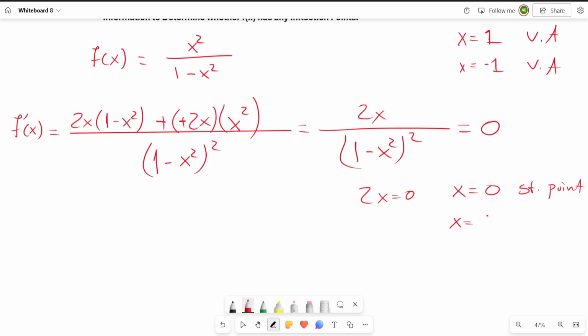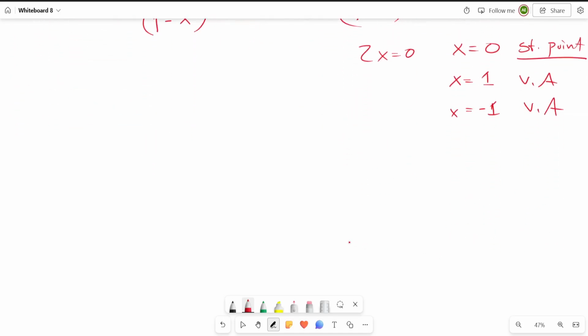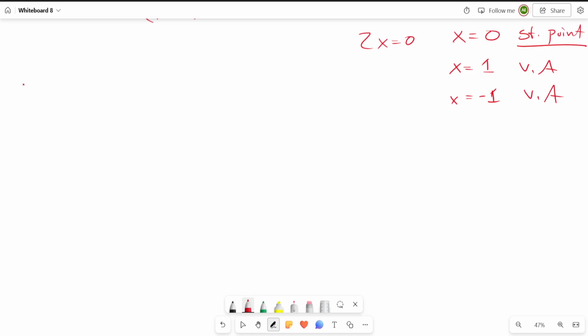So let's take intervals where we are considering all our critical points. So x equals 1, x equals minus 1. This is a stationary point. This is a vertical asymptote. This is a vertical asymptote. So let's start by doing our table over here. So our first interval is going to be from negative infinity up to minus 1. Our second interval is going to be from minus 1 up to 0. Third one is going to be from 0 up to 1.